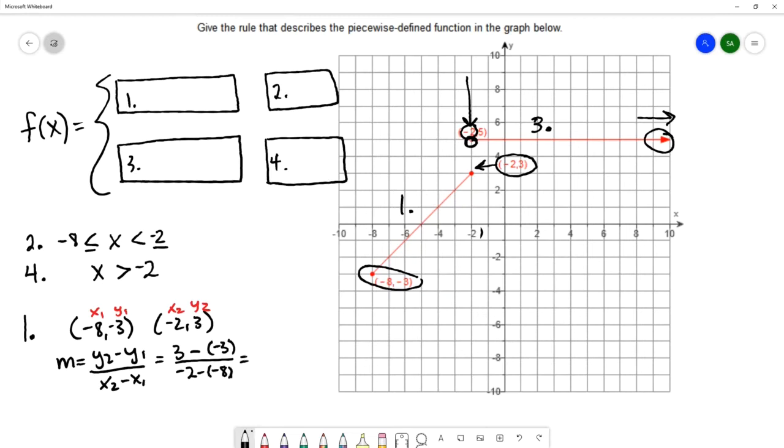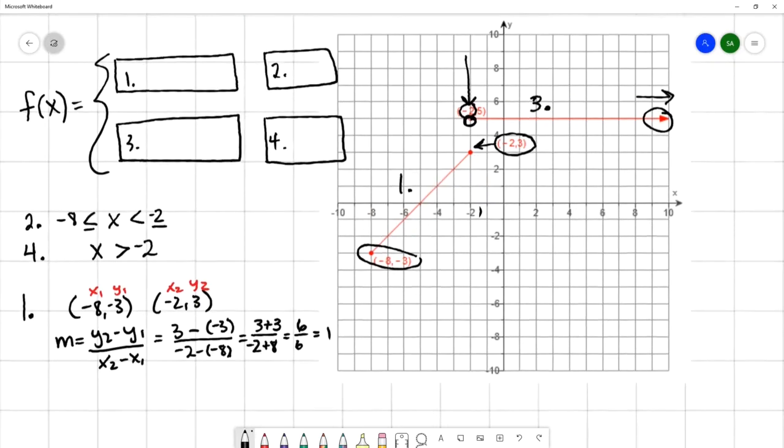And in the numerator, that will give me 3 plus 3. In the denominator, that's -2 plus 8. And we get 6 over 6, which is 1. So this equation has a slope of 1.